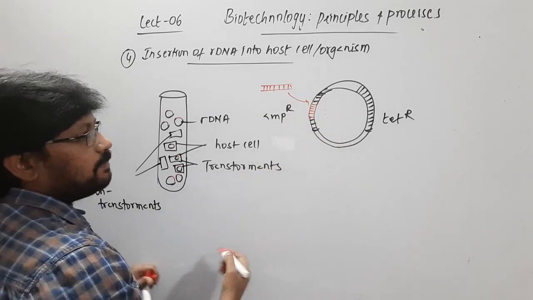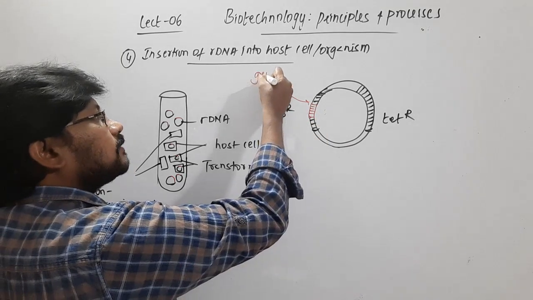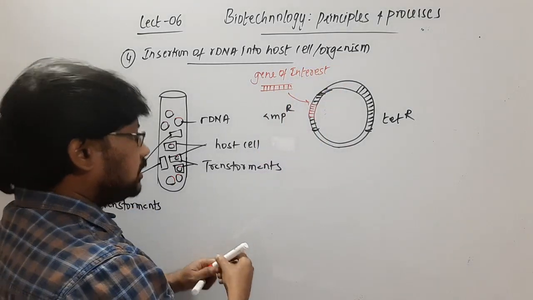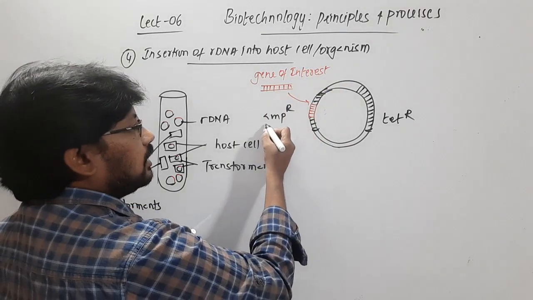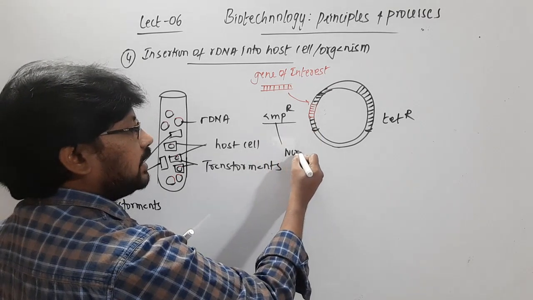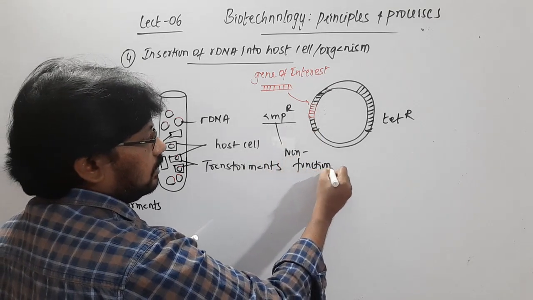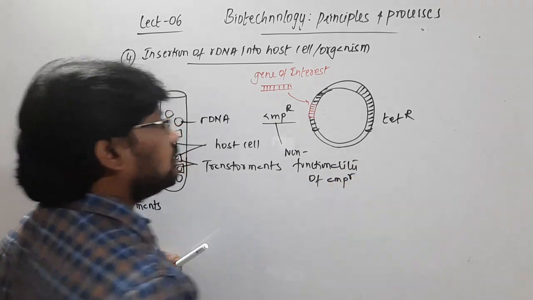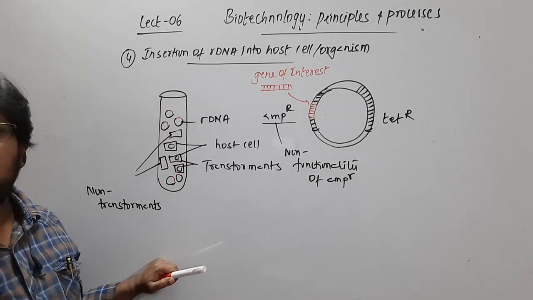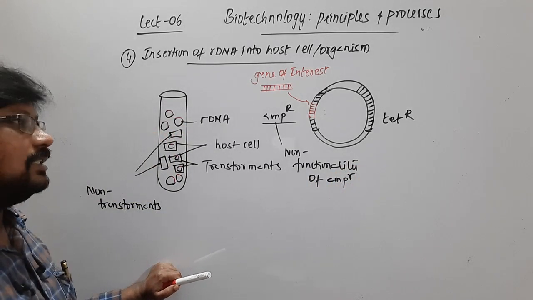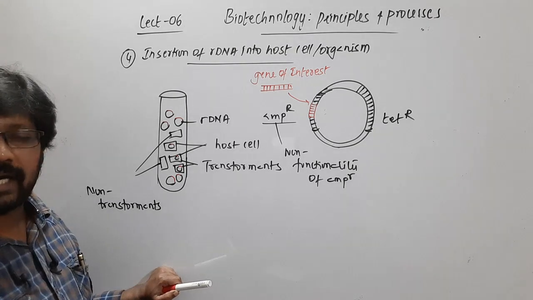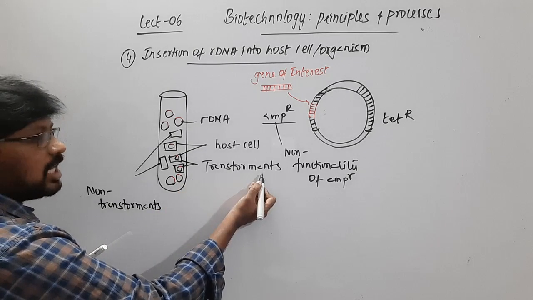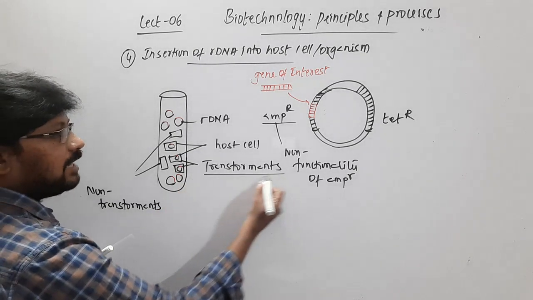As a result, this results in the non-functionality of the ampicillin resistant gene. So the ampicillin resistant gene will no more work, and this will actually help us to identify the transformant and non-transformant.